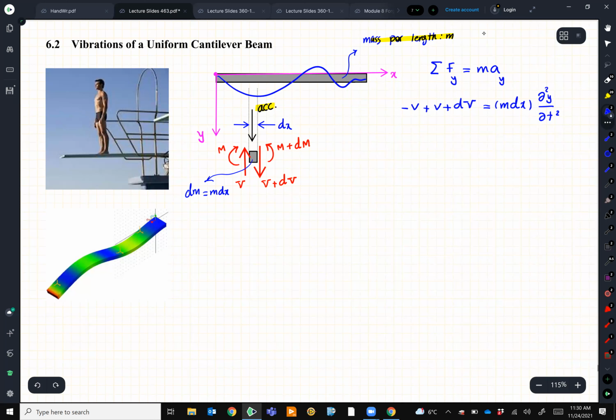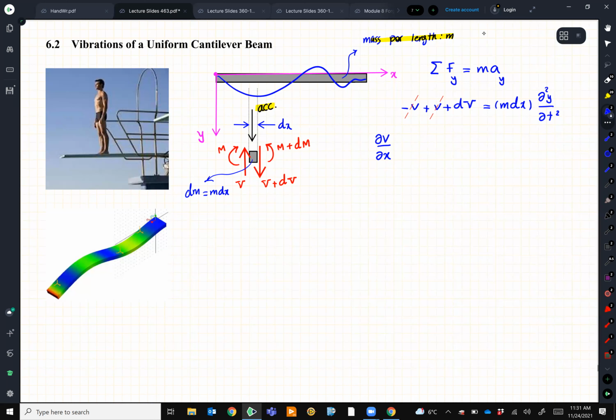So we can obviously get rid of these V's. dV: let's assume that V changes by the rate of the derivative of V with x. Then I have to use a partial derivative because this V depends on where I am on the beam and depends on the time. And let's say this is the rate of change in shear force.